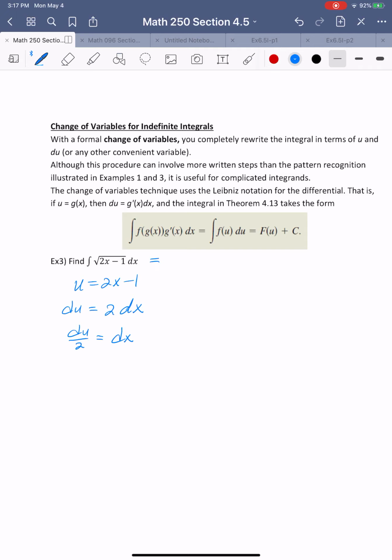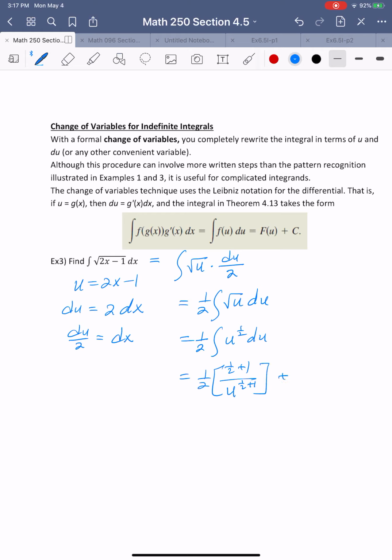So what I do is the integral of the square root of u, and instead of dx, I use du over 2. Then I pull out the half: square root of u du, and the square root of u is the same as u to the half power. Then I can use the power rule: u to the half plus 1 over half plus 1, plus c. Oh sorry, I'm messing it up.